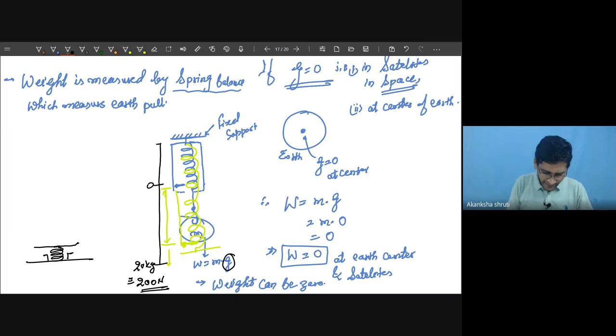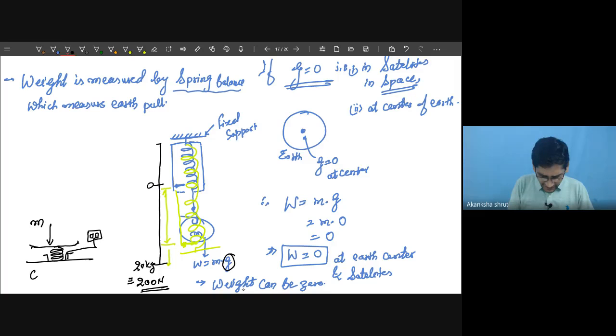So this is the spring arrangement. Now this is the pan. Corresponding to this spring, a meter is connected here for the display of the digit. If you place any mass here, obviously this spring will get compressed.